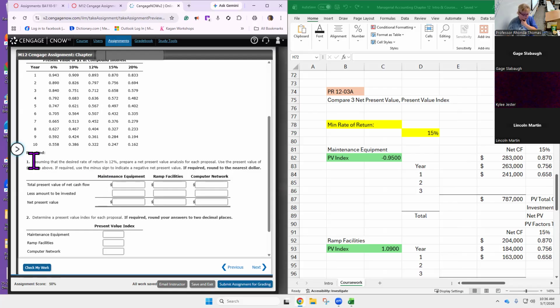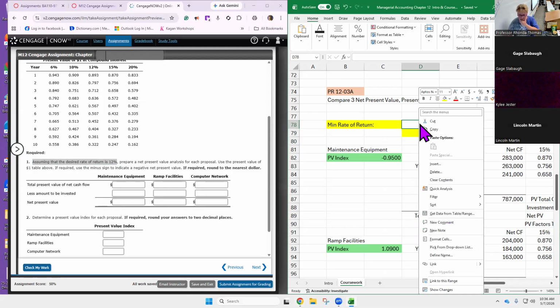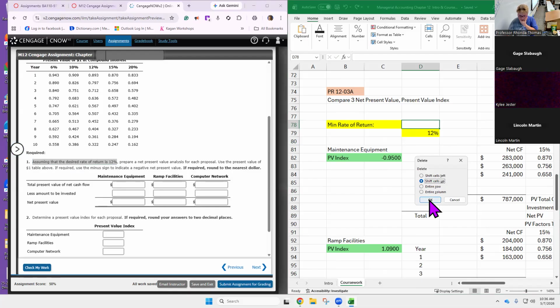So go find your minimal rate of return. I've got to change that to 12%. Okay, and I'm going to move it up so it lines up. So I want to delete that and move it up.